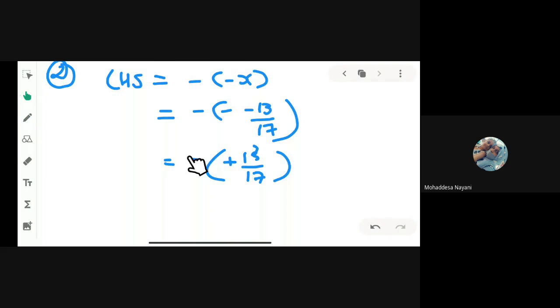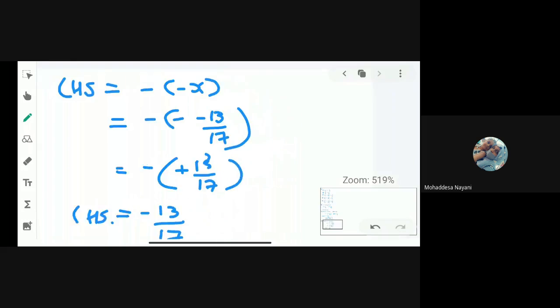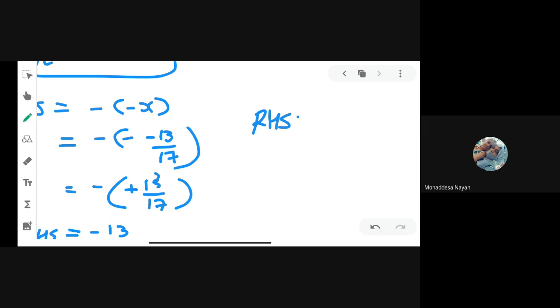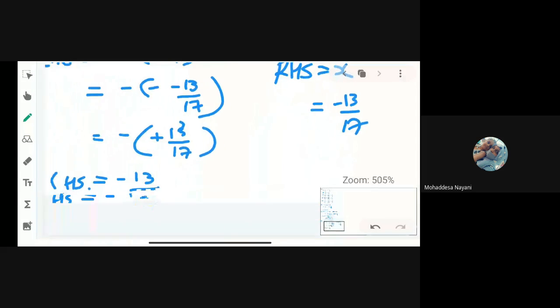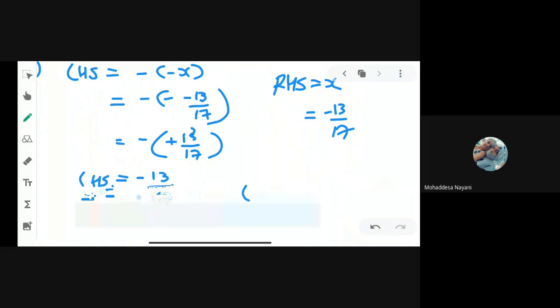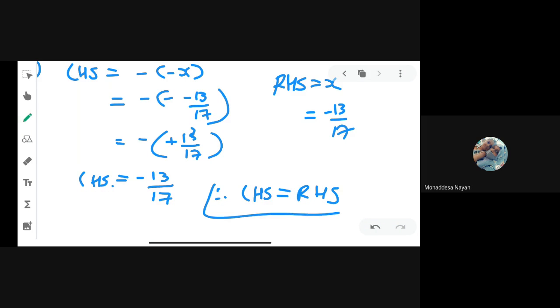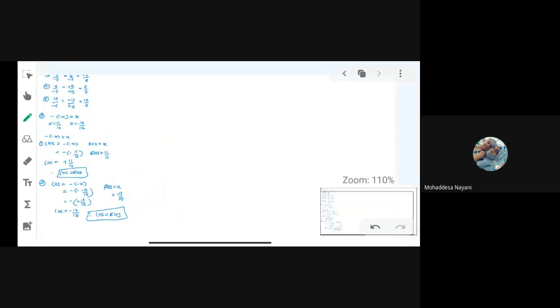Yes, sir. You know that minus plus is minus, so the final answer is minus 13 by 17, the left hand side. And the same thing for RHS is only x, and x is minus 13 by 17. So you can see the value of LHS and RHS is equal, right? Hence it is proved. Clear all of you? Yes, sir.